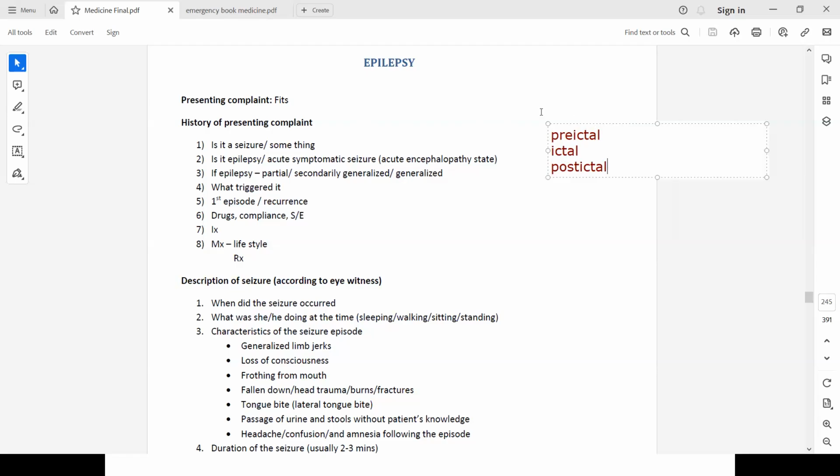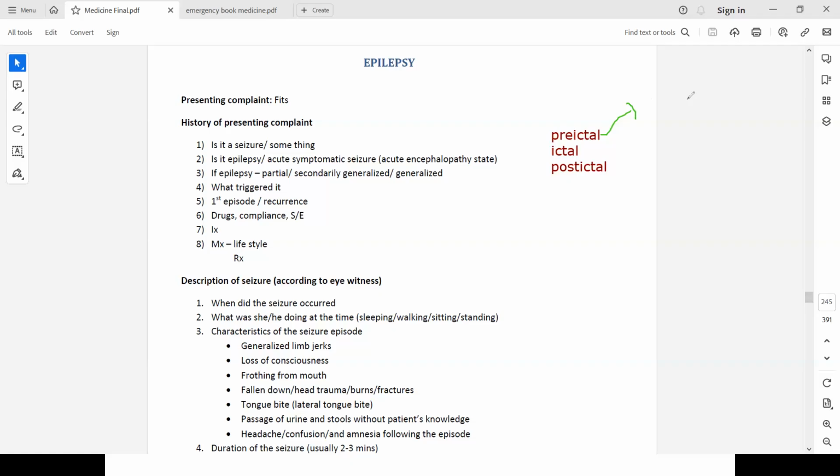In the pre-ictal phase, you need to ask what the patient was doing just prior to the seizure. The position of the patient is important to differentiate seizure from syncope. Syncope is mostly in an upright position, whereas true epilepsy can occur in any position. Was the patient seated, standing in the hot sun, walking, running? Where was he, and what time of the day?